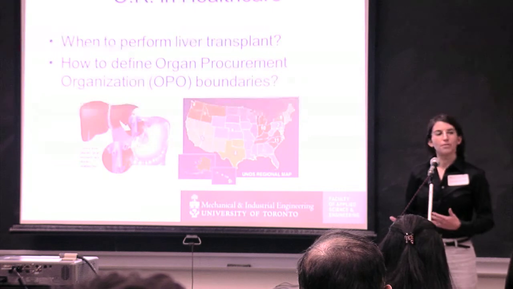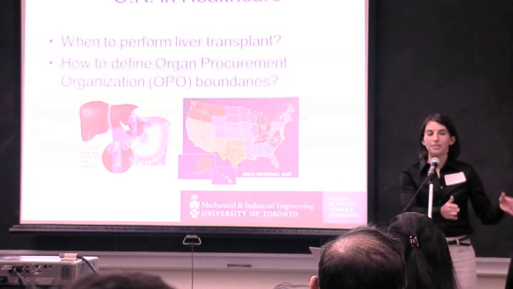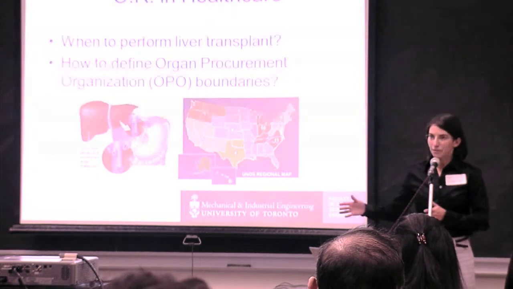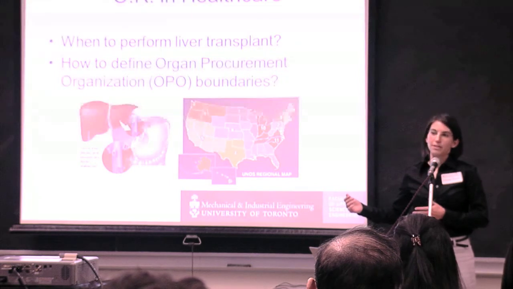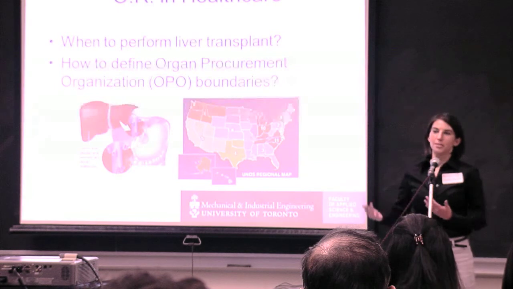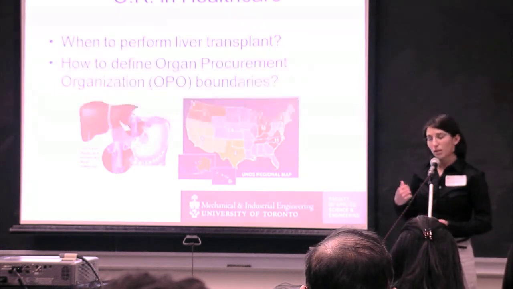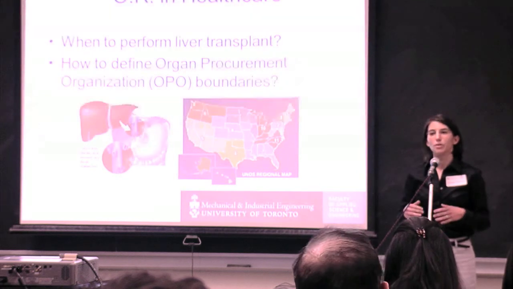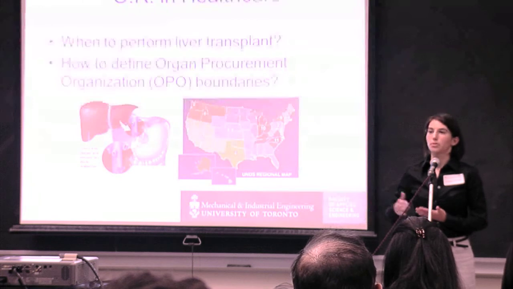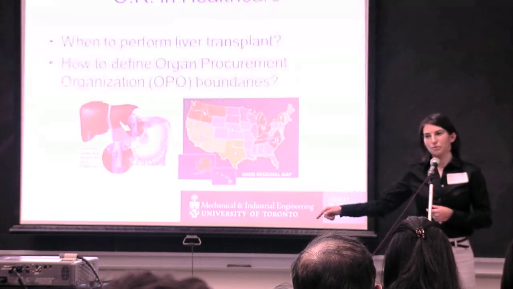So if we think of a person's life as the amount of time they live in good quality before the treatment, plus the amount of time they live in good quality after the transplant, now we just have to figure out how to maximize the sum of those two lifespans. Suddenly we have a mathematical equation that we can optimize, and as it turns out, the results showed that when you have end-stage liver disease, you should actually wait until your disease has progressed through a couple of the different grades that exist, and then get your transplant.